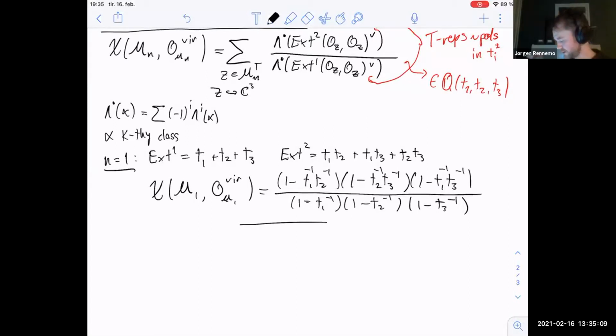Okay, so the main geometric input we need here is we want to write Mn as a critical locus.